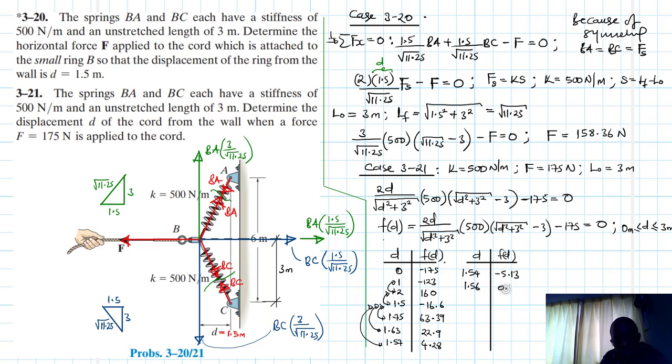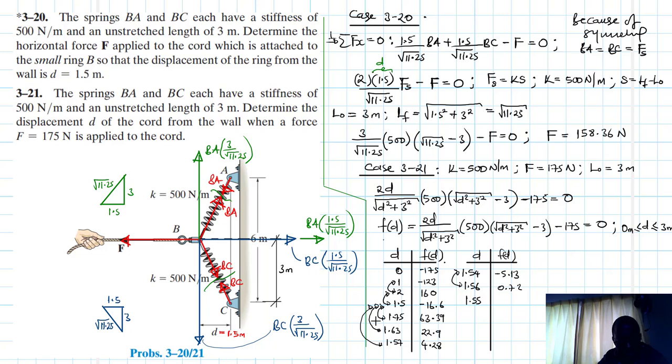So we have a 0.72. Not bad. So 1.54 plus 1.56, we need to get an average again of the two smallest values, then divided by 2. So we have 1.55. Let's try this one.